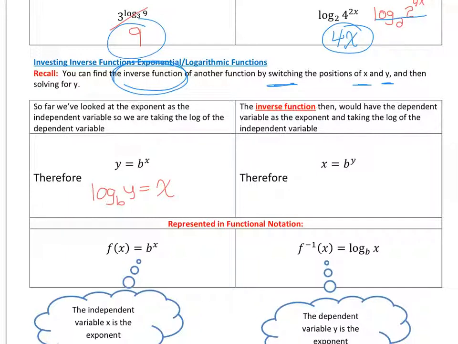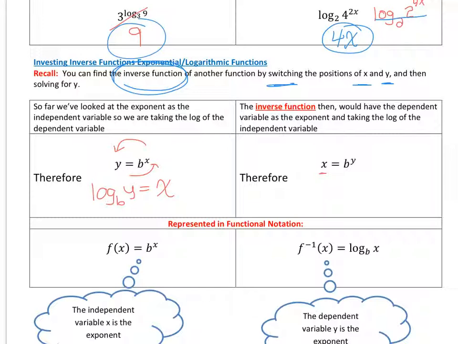Now if we reverse, we look at the inverse function, we're going to move the y over, the x where the y is and the y where the x is. And so we have x equals that base now to the dependent variable.